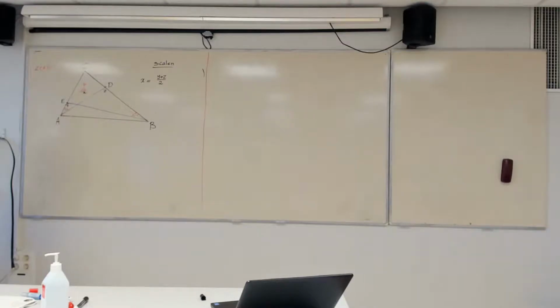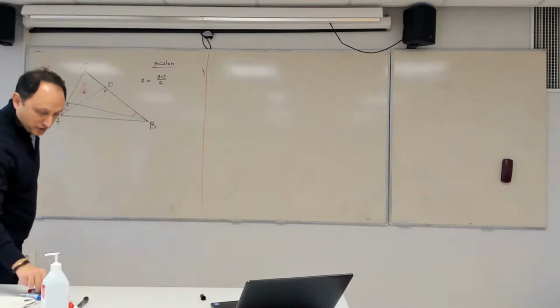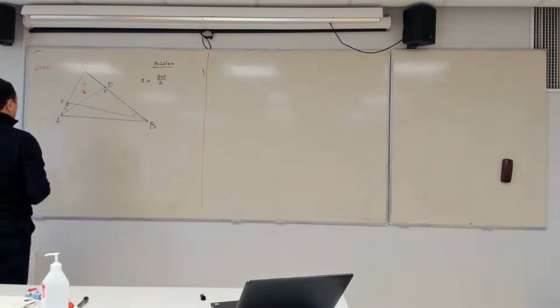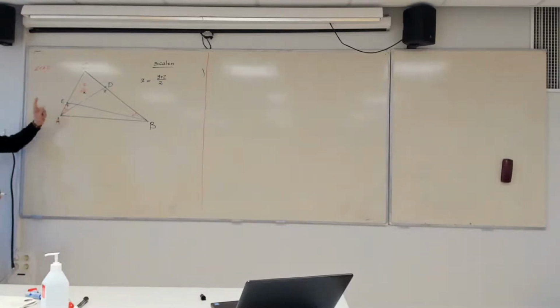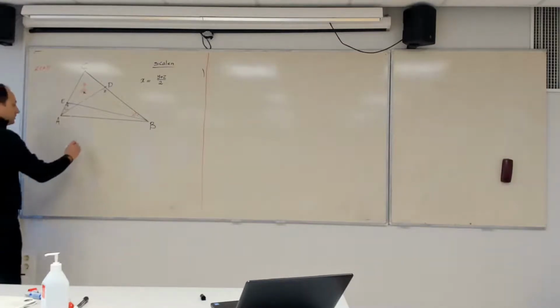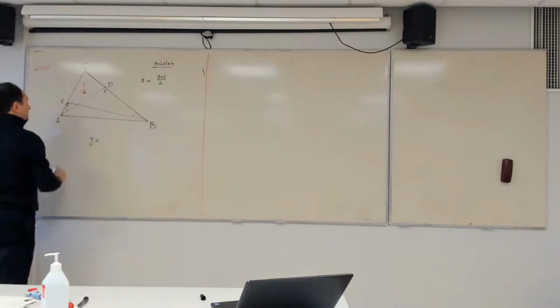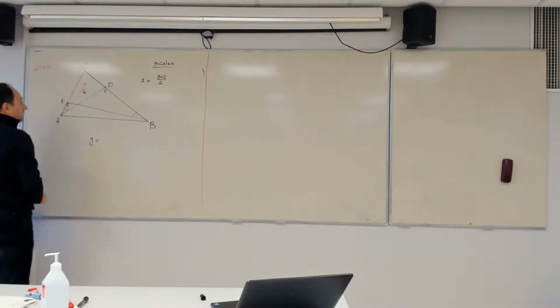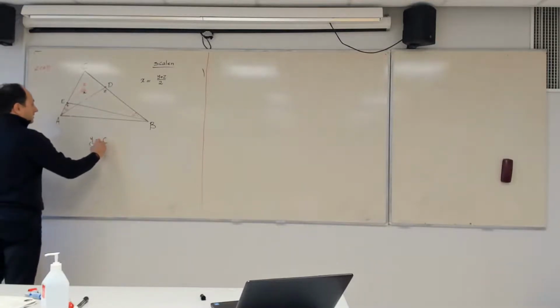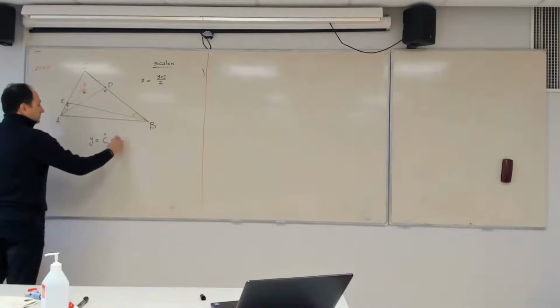I want to find a relation. Okay, because I want to solve everything. Let me start myself. Hopefully I can do it. What I see is that, first of all, let me write something, then I will ask you if that's true or false. I want to write that Y is equal to angle C plus 2 beta.